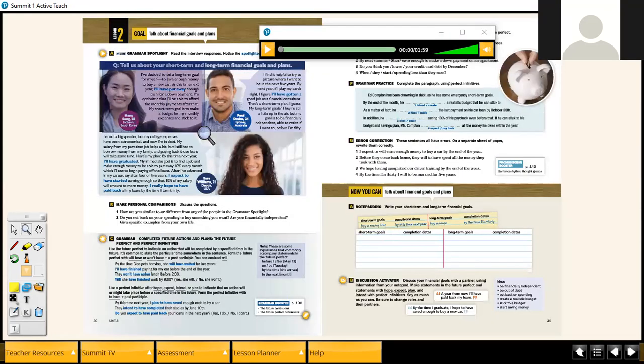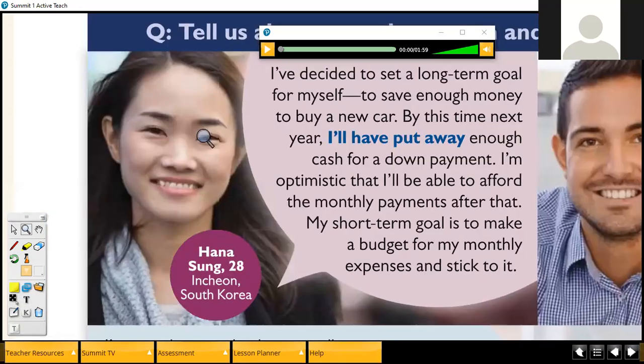Do you have any question with vocabulary in that first one? Monthly is mensualmente, right? Monthly, yes. Will you be able to make monthly payments? Budget is what it already told us, presupuesto. Budget. No questions there?